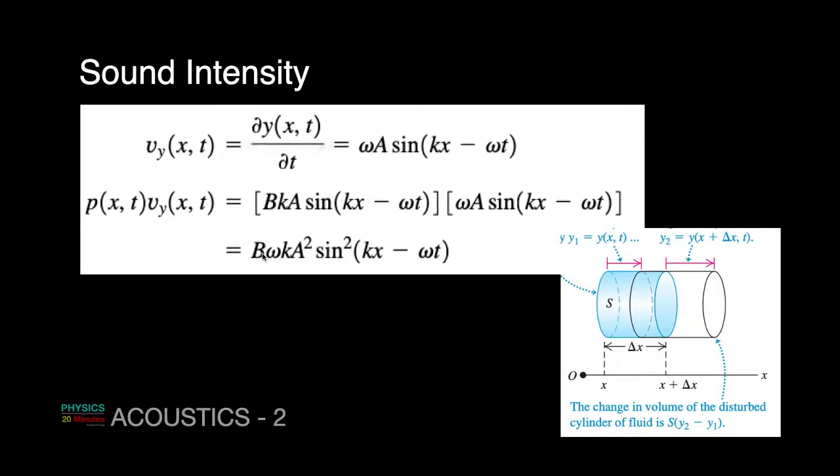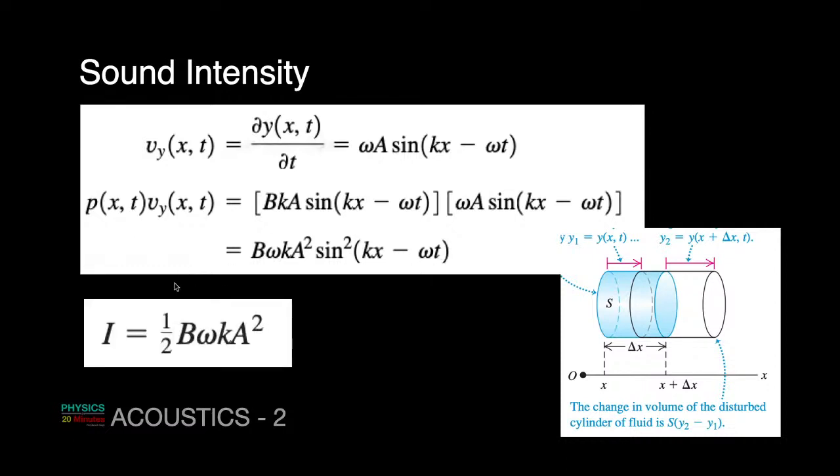Okay, so if you take an average of this, you will find that this part is a constant. This does not change with time. The only factor that changes with time is sin² of this time function. But the sin² of any function of time averaged out over a long interval of time will give you 1/2.